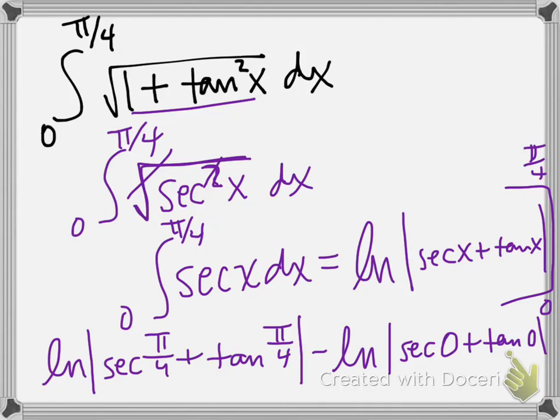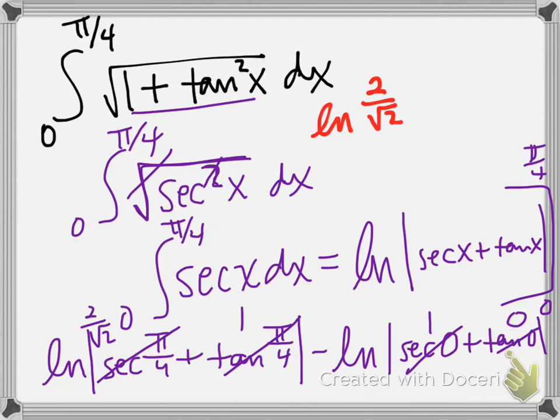Well, it's the reciprocal of cosine at pi over 4, so that's going to be 2 over the square root of 2. Tangent pi over 4 is 1. Secant at 0 is going to be the reciprocal of cosine at 0, which is 1, and tangent of 0 is 0.